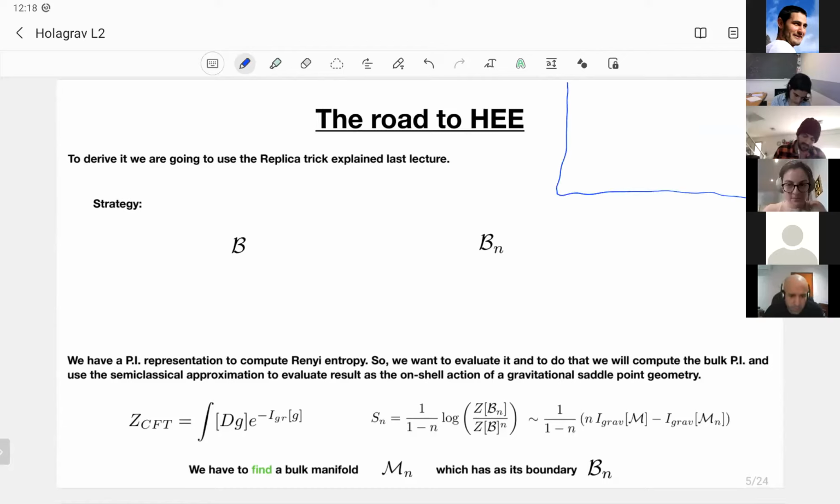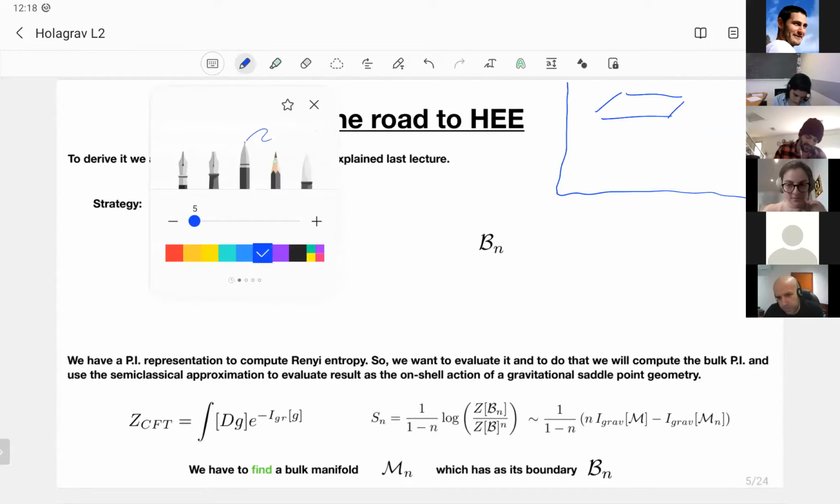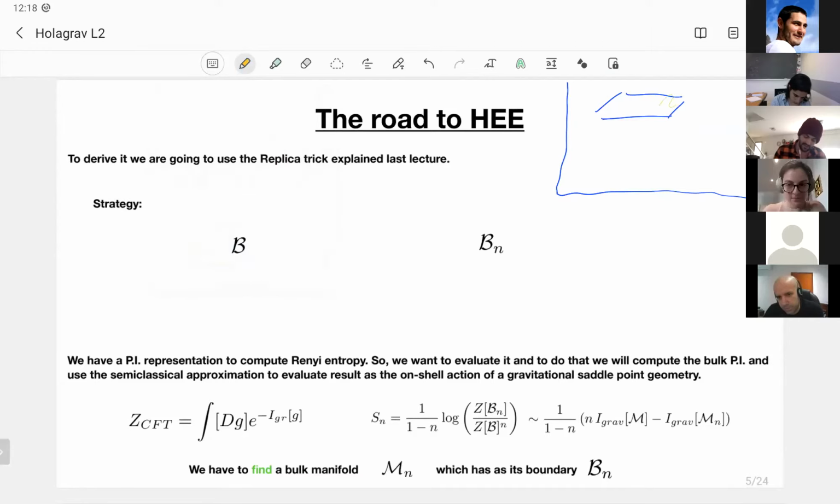Remember that what the replica trick says is that if you have a configuration like this, you have to take n times this sheet to compute trace of rho to the n. So you can have n of these.